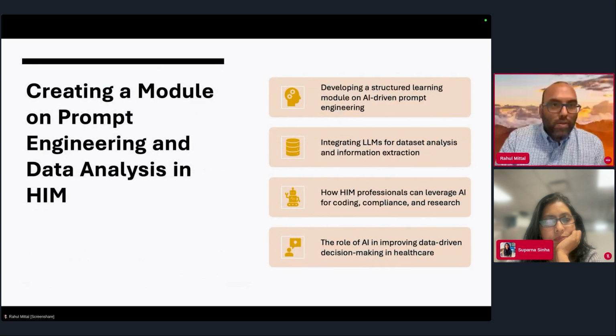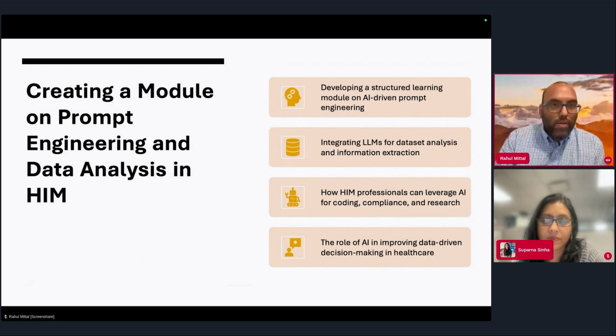Part of our next steps, which is what we're working on with Rick, who I think hasn't been able to make it today, is to create modules on prompt engineering for the HIM students, looking at data and analysis, and further expanding the use of analyzing and information extraction.